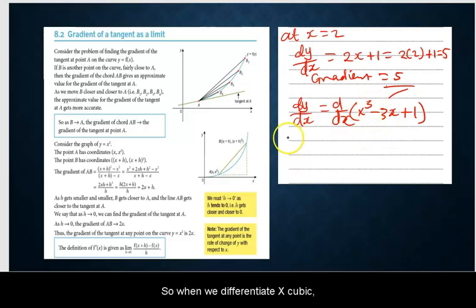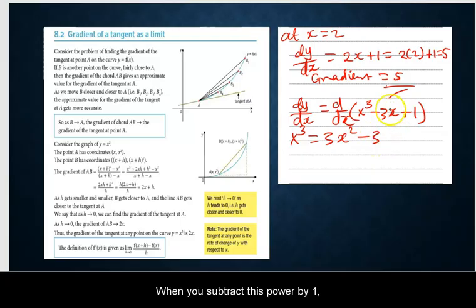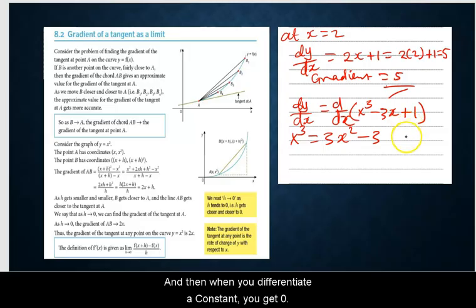So when we differentiate x cubed, we bring the power down, we get 3, and subtract 3 by 1, it becomes x squared. Now let's differentiate 3x. If you differentiate 3x, you simply get 3. When you subtract the power by 1, it is simply 1, so nothing is left. And then when you differentiate a constant, you get 0. So the d/dx of this function becomes 3x squared minus 3.